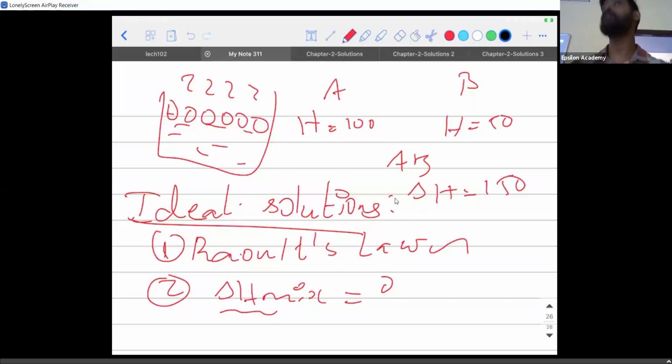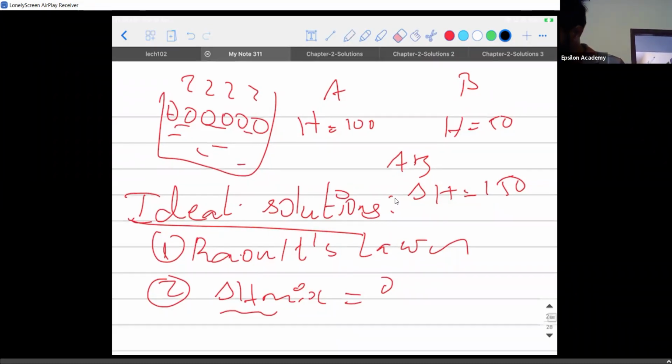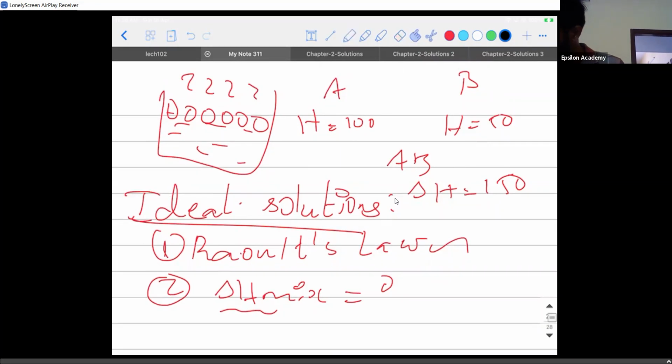But if it is say 140, or say 160, then what will happen? Or I can write, instead of delta H, let me write it as H total.